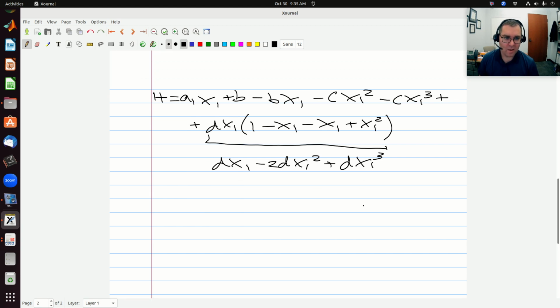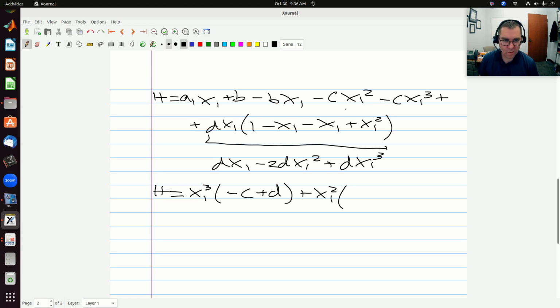Alright, so now with that, I'm going to try and collect terms in terms of power of x1. So then h is going to be equal to, let's go big to small, so we'll start with x1 cubed. In terms of x1 cubed, I'm going to have a minus c plus d. Let's do x1 squared.